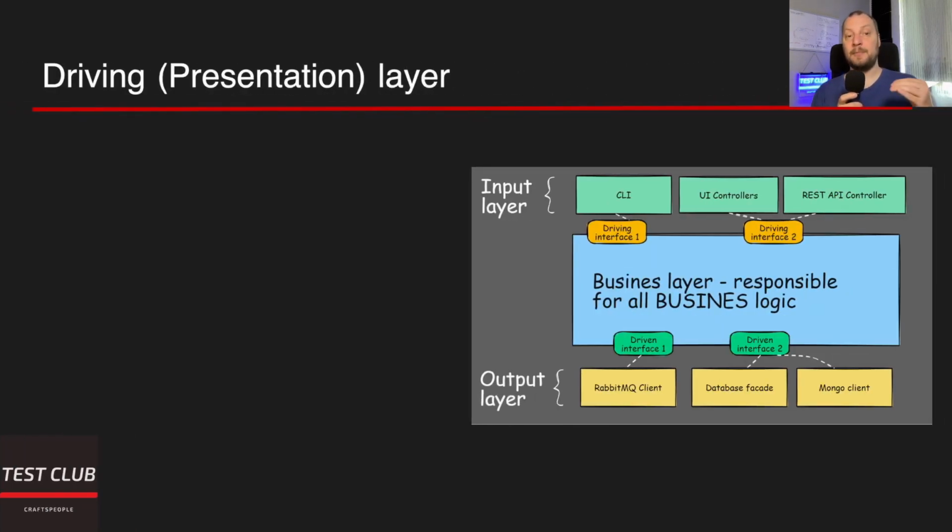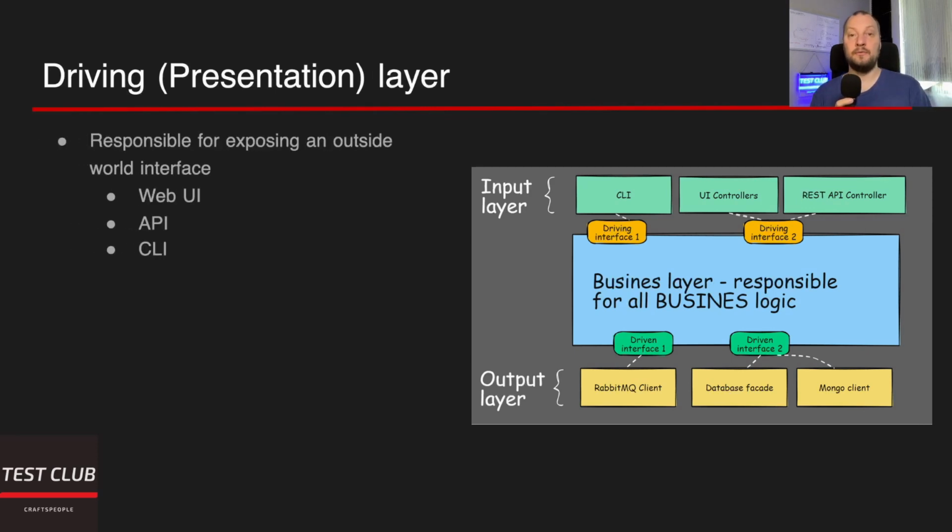Then there is a presentation layer, or we can call it a driving or input layer. This layer is responsible for exposing functionality of the business layer to the outside world. It can be exposing web UI for the user or command line interface for the user, or it can expose a REST API for another computer system to call it through.